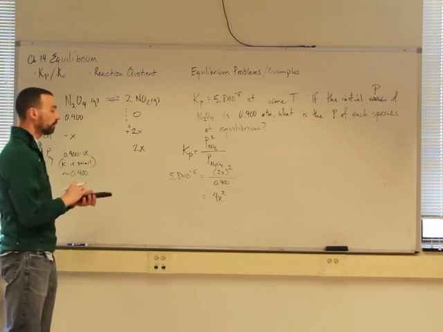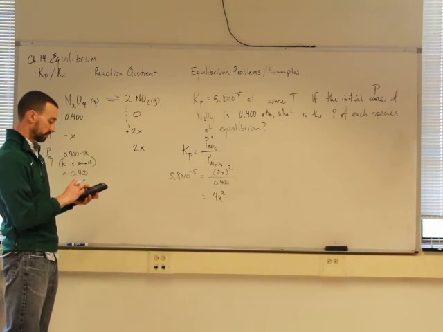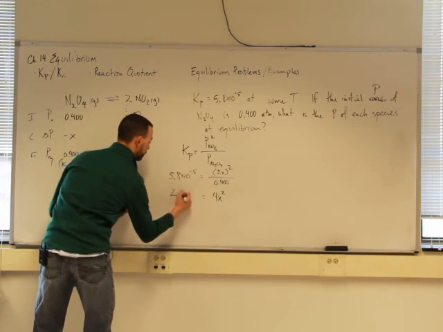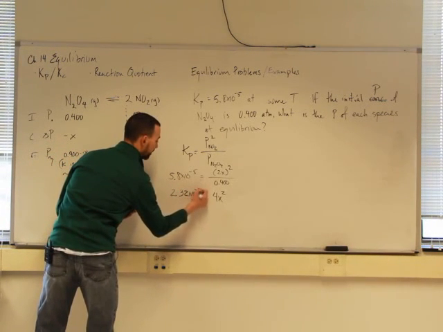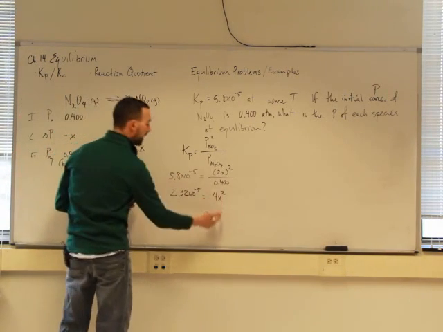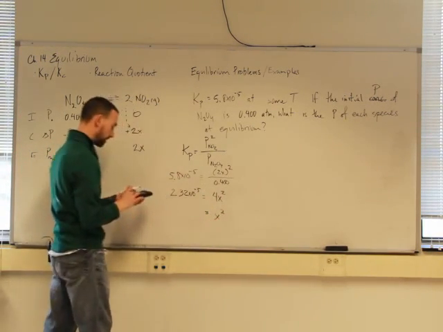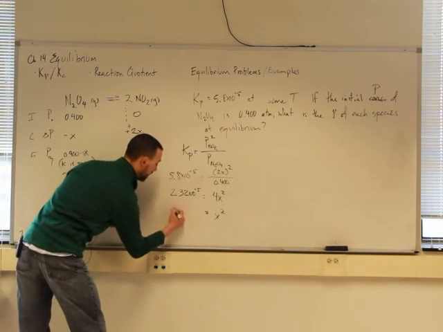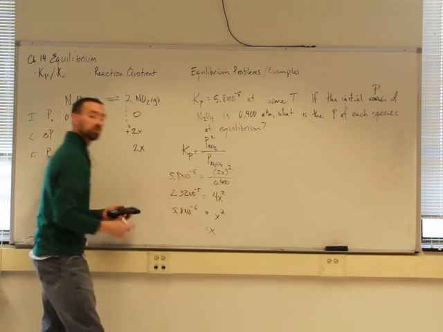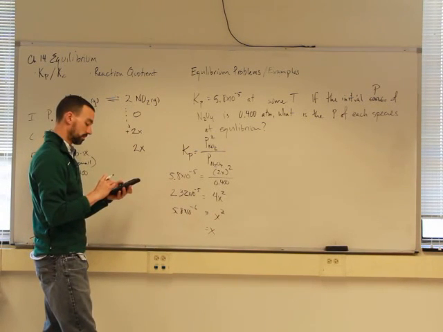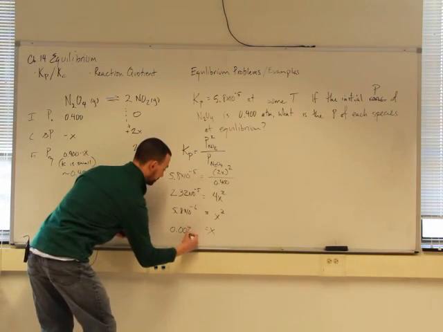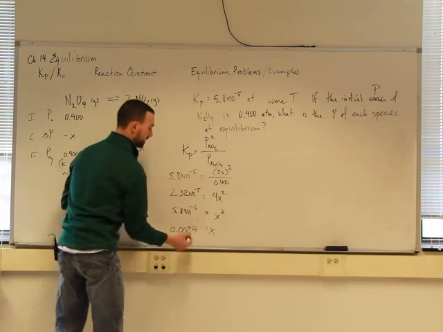That's going to equal 2.32 times 10 to the negative 5. So I've multiplied the 0.4 to the left. Divide by the 4, x squared is 5.8 times 10 to the negative 6. Now take the square root. x is 0.0024.